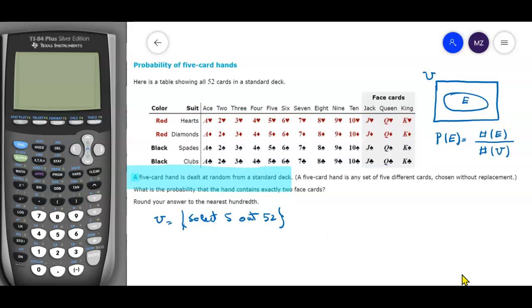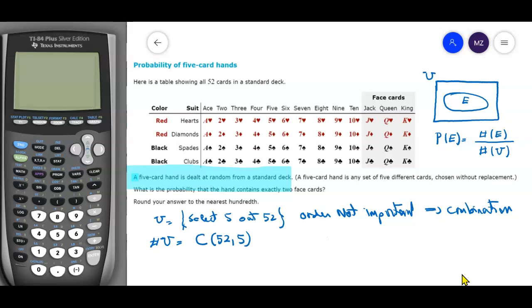Now, the fact that you are selecting 5 cards, the order is not important. Every time the order is not important, this implies combination. Of course, if the order is important, it implies permutation. So the number in this universal set will be equal to C from 52, you're going to select 5. We're going to let the calculator deal with this.